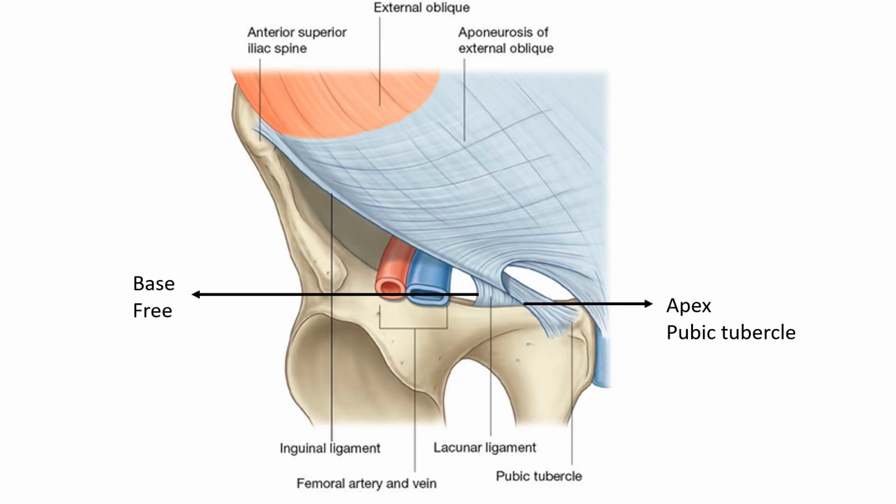The apex is directed towards the pubic tubercle. The base is free, and it forms the medial margin of the femoral ring. This is called the femoral ring because the femoral artery and vein pass from the abdomen to the thigh.